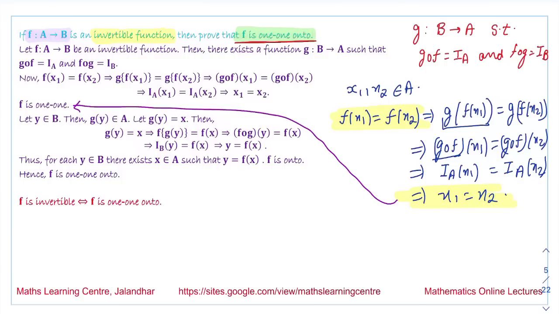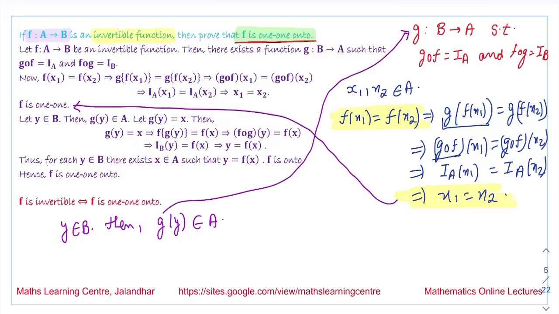Next we have to prove that f is an onto function. So suppose we consider an element y belonging to B, then g of y belongs to A, because there exists a function g from B to A. So g of y belongs to A, and suppose this g of y is equal to some element x.